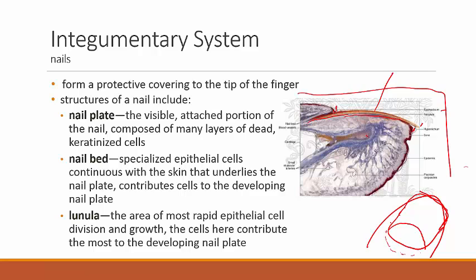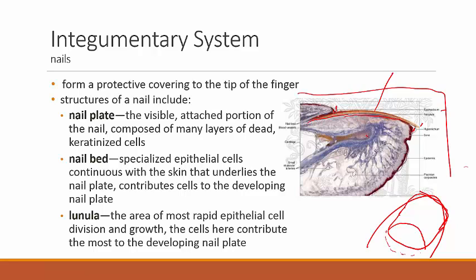That's the area of the most rapid epithelial cell division and growth, and that's where most of the nail plate gets made. But new nail cells are still being added to the nail plate all the way across the nail bed as the cells push forward.